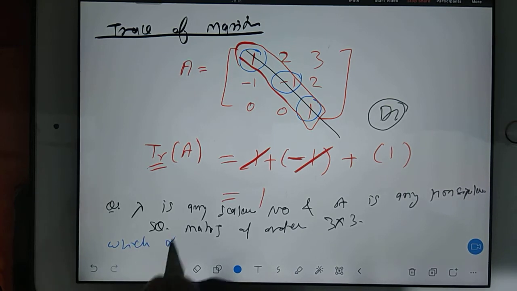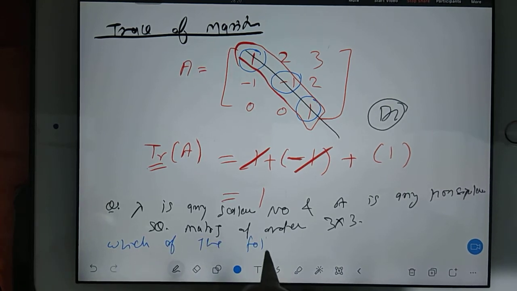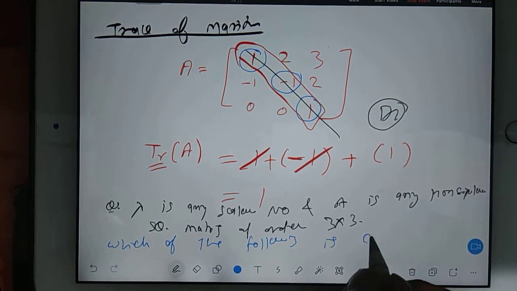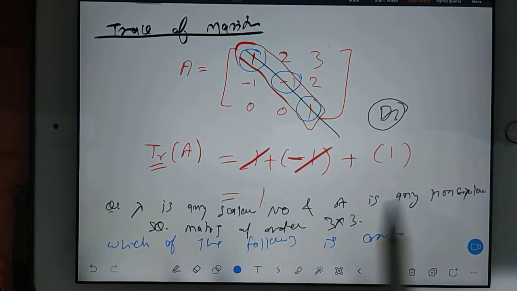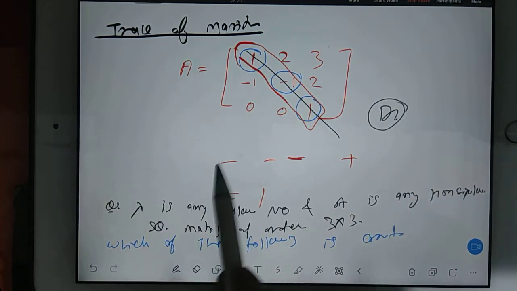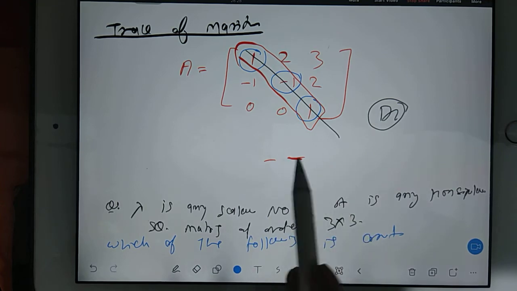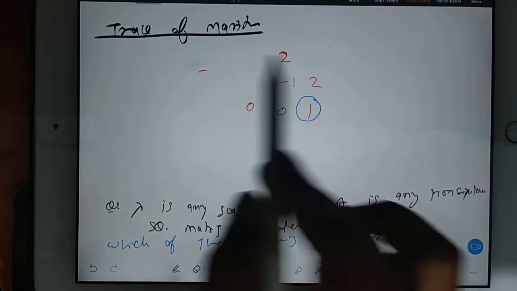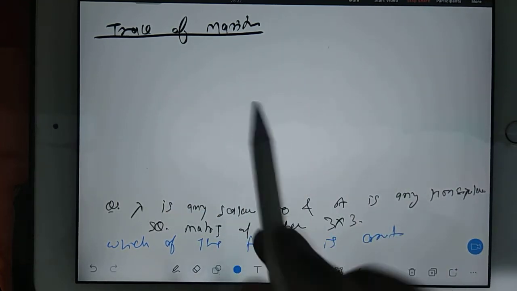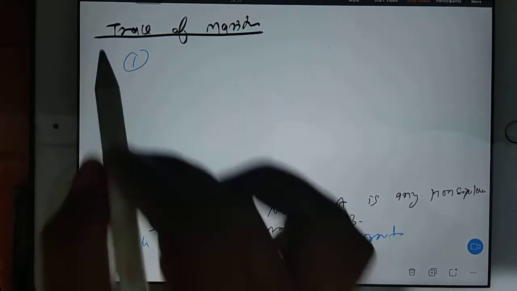Which of the following is correct? Option 1.